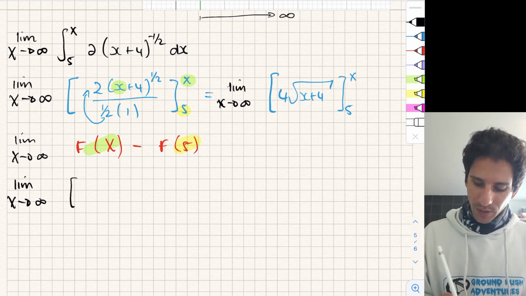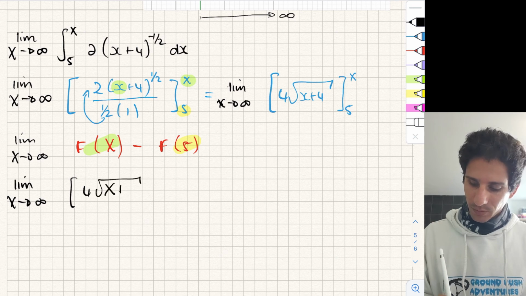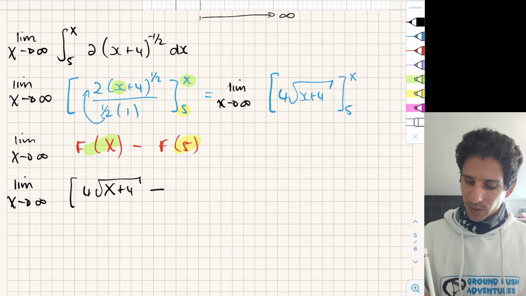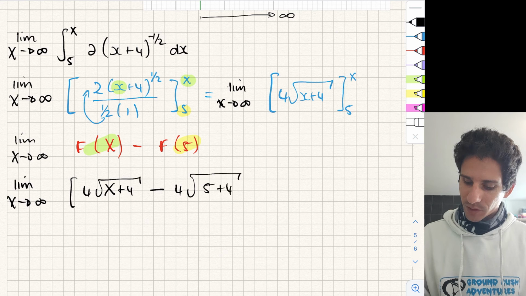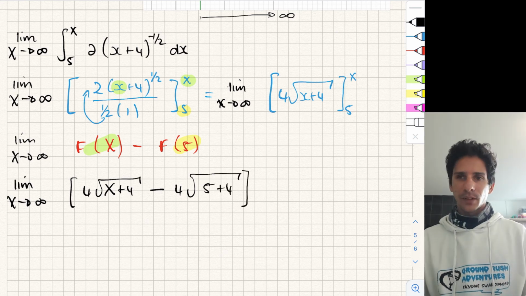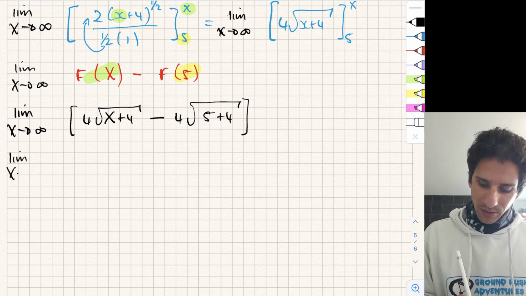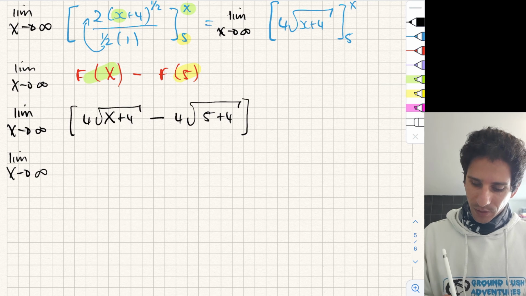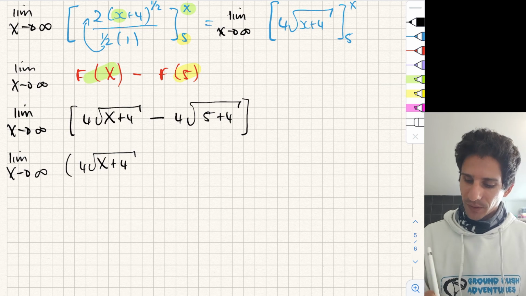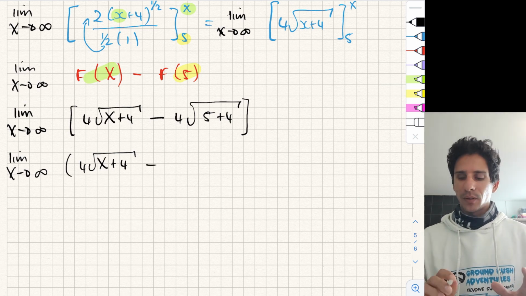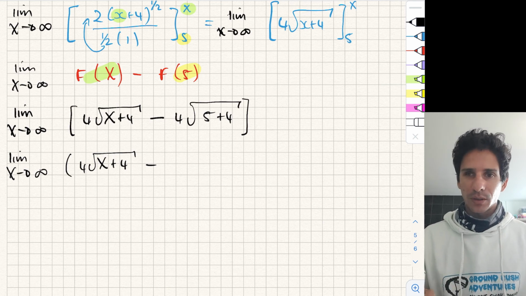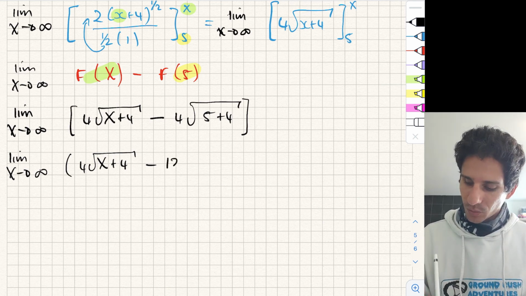So if I replace x, I get 4 square root of x plus 4, take away 4 square root of 5 plus 4. We can tidy up a little bit. This is the limit as x approaches infinity of 4 square root of big X plus 4, take away the square root of 9 times 4, so take away 12.